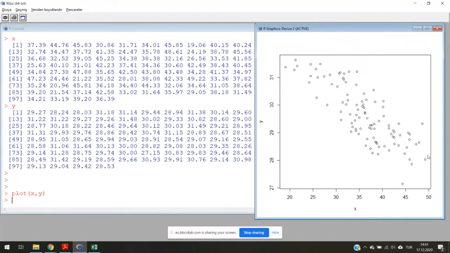So there seems to be a negative relationship between these two variables. Since 100 observations is a moderately good sample size, it is not very dangerous to make this comment. We can say that for automobiles which have traveled between 20 and 50,000 kilometers, as the travel distance increases, the price decreases.